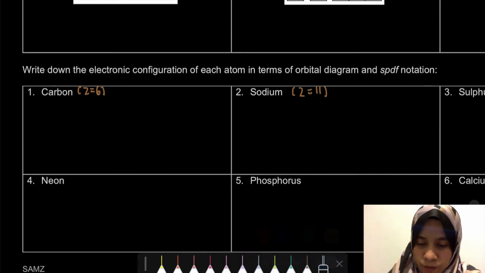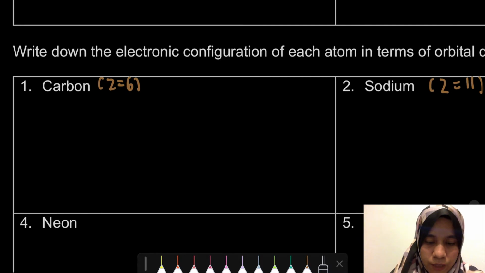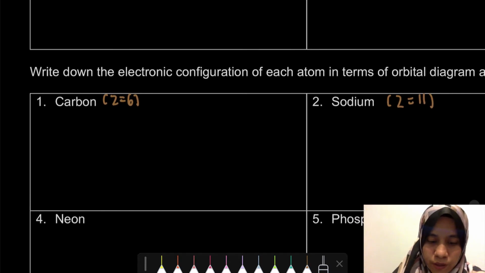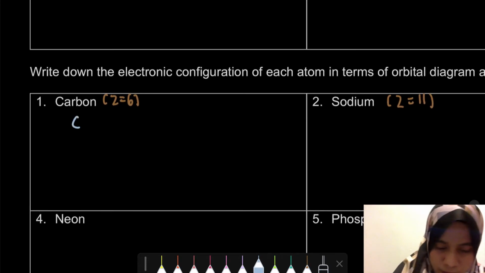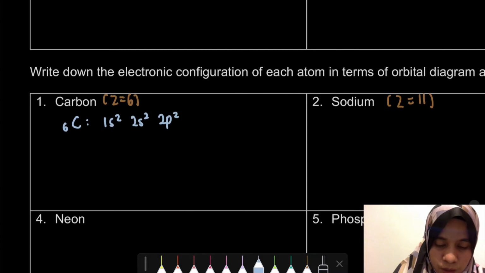They ask in terms of orbital diagram and SPDF, so we have to write down both. For carbon, carbon 6. First I'm going to write down SPDF: 1s2, 2s2, 2p2.